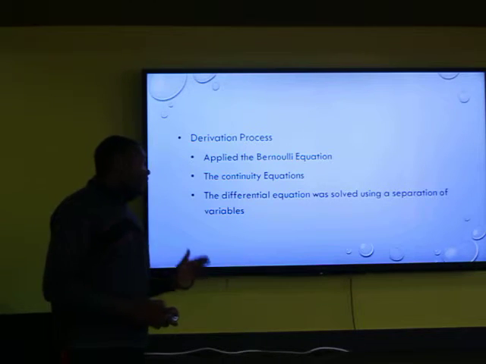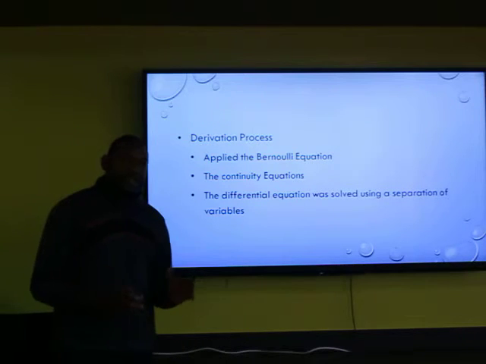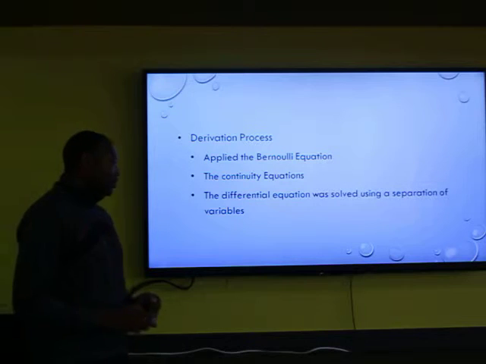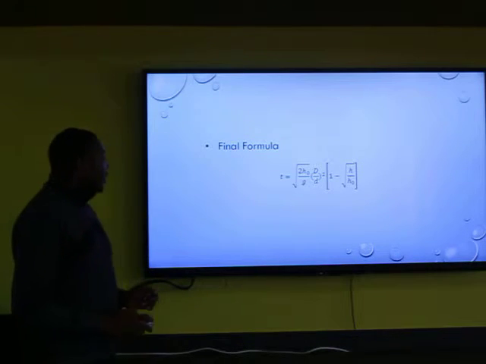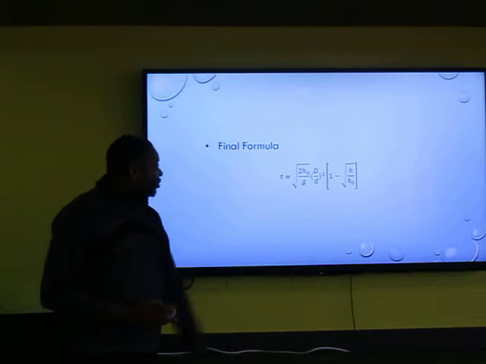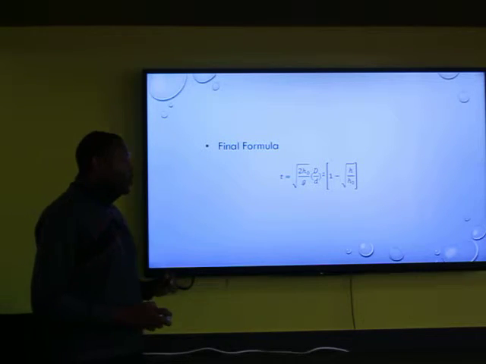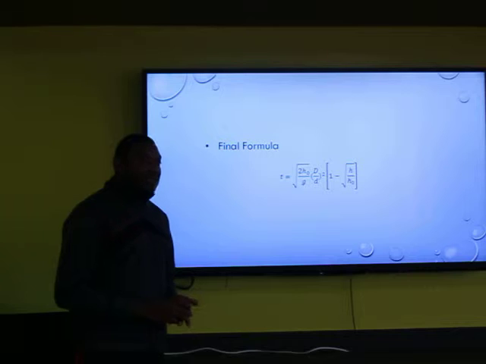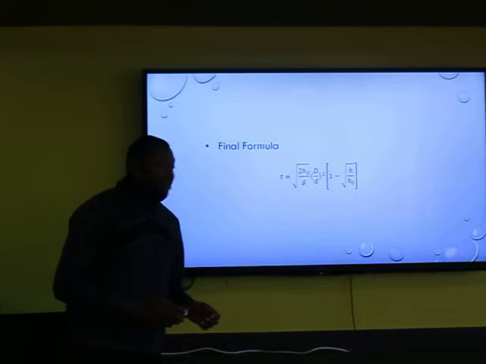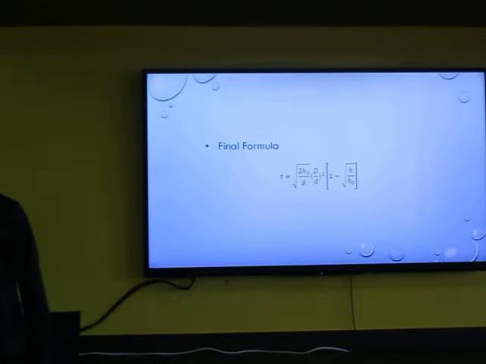We also apply the continuity equation, and from these two equations, we were able to come up with a differential equation that we solve using separation of variables. The result of solving this differential equation is what you can see here, the relation between the height of the water in the tank and the time needed to drain that water from the tank. Diego will go ahead with the next section of our presentation.